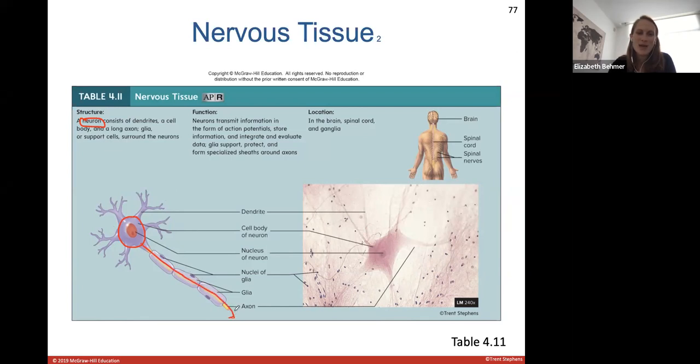Surrounding the axon, we have these kind of little marshmallow-like structures, which are glial cells, which help to support that neuron. And we'll talk more about that when we get to nervous system as well. It's kind of hard to find a good neuron underneath a microscope, but this is a common picture that usually shows up when you Google neurons or nerve tissue cells.